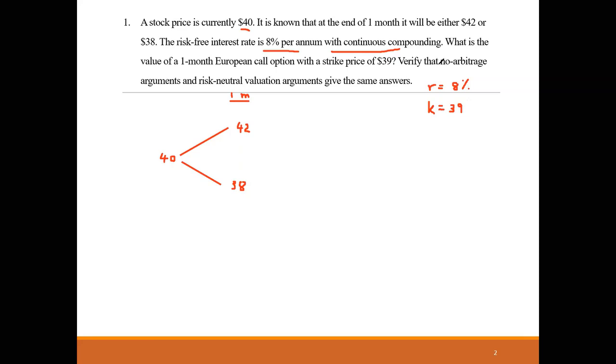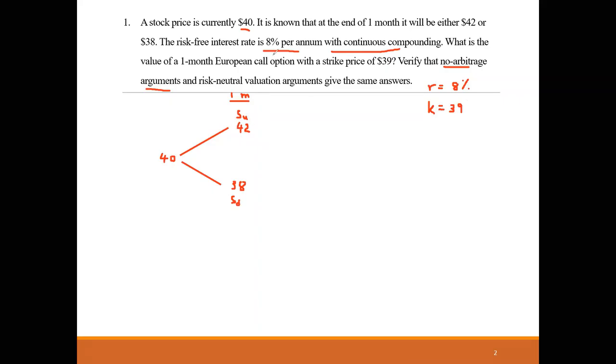So first let's do it using the no arbitrage argument. If you follow the no arbitrage argument, what would be the value of the option that you would get? First tell me, at SU, which is the stock price after the increase, and this 38 will be SD if you define it. So at SU, what would be the value of the option?